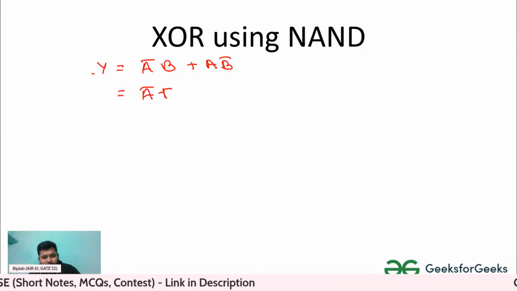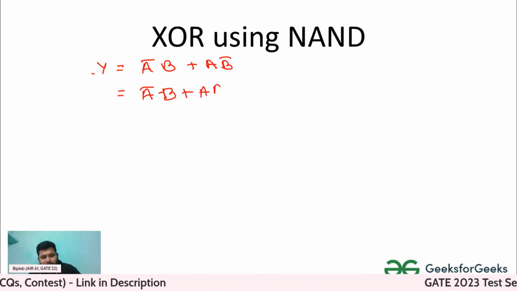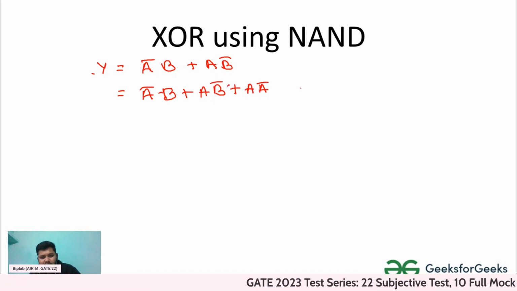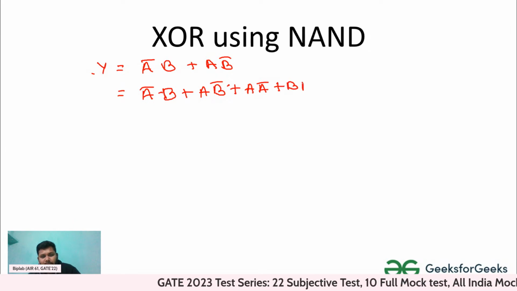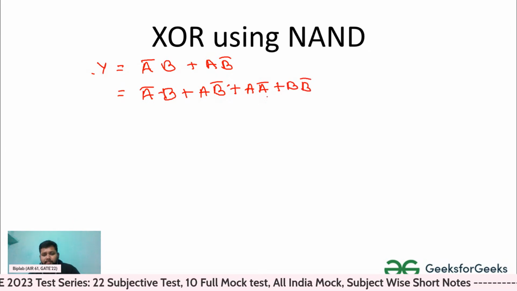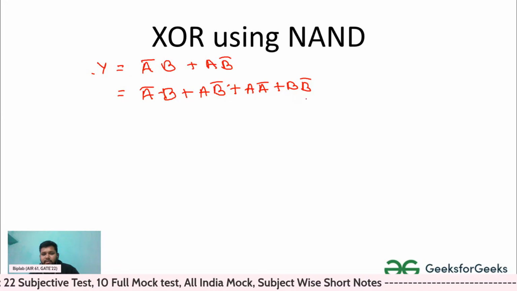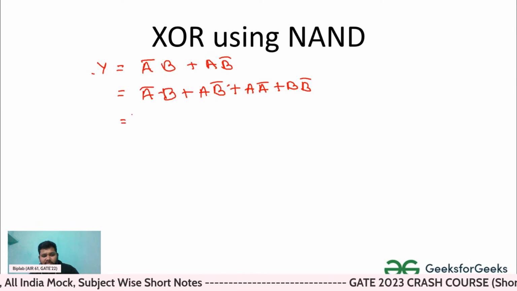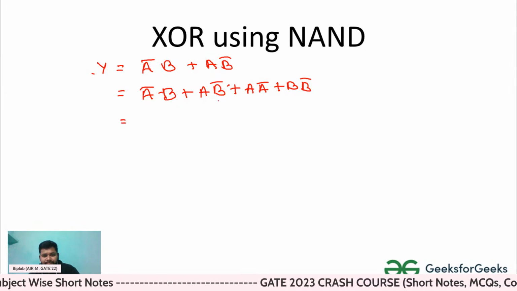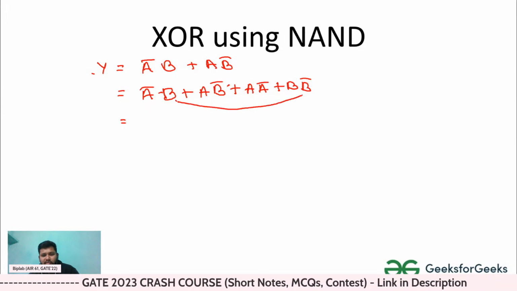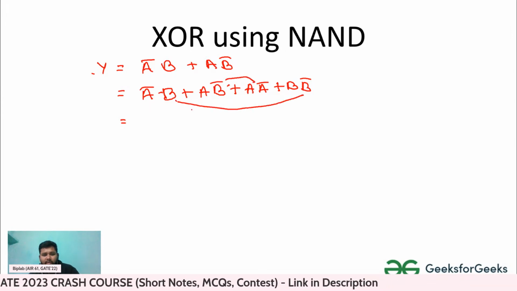So let's do it. A bar B plus A B bar, and A bar with this and B B bar with this. This will make no difference because A A bar is 0 and B B bar is also 0, and adding 0 makes no difference. So take common B from this one and this one, and common A from these two.